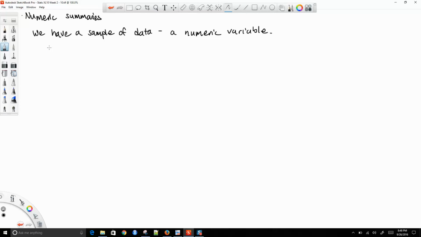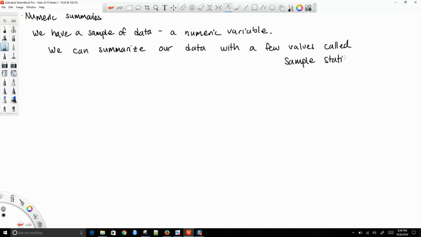So we can summarize our data with a few values, and we're going to call these sample statistics. Sample statistics are just values that we can use to describe or summarize a sample of data.